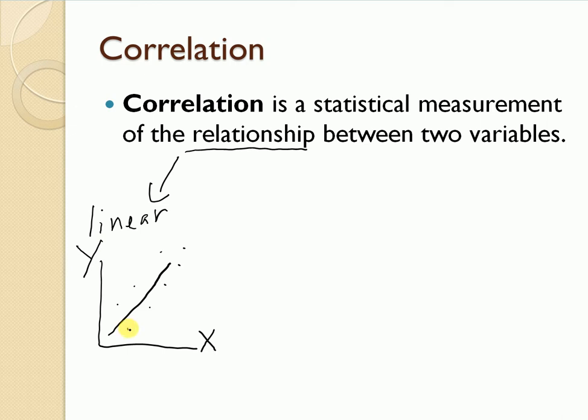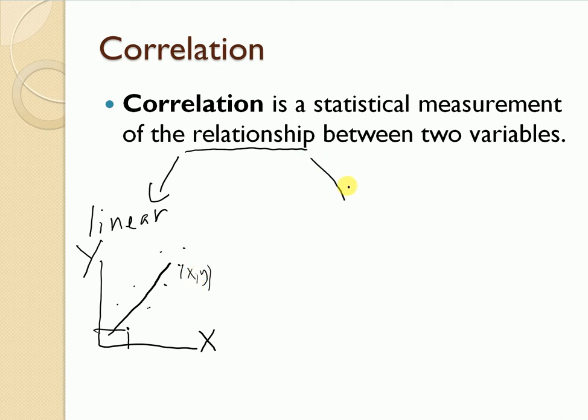So this particular point on the scatter plot says that when x is this much, y is that much. Each point corresponds to an x value and a y value. Each point can be described using an x value and a y value.